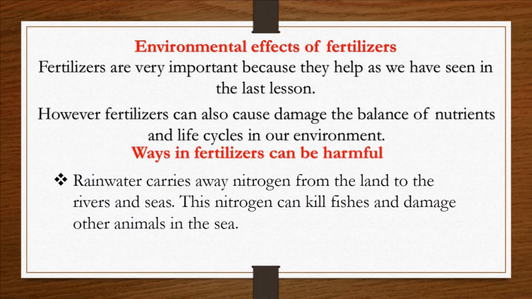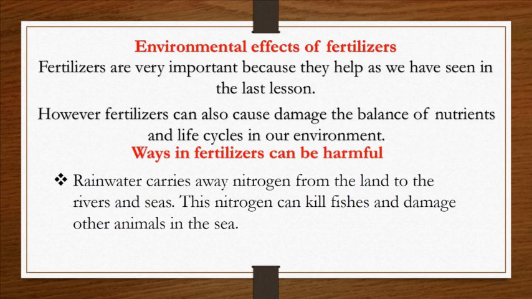We saw last time that a number of fertilizers are made using nitrogen. So the same nitrogen that was applied on the land to assist us can be carried away by the rain to the rivers and the seas. This nitrogen can kill the fishes and damage other animals in the sea.